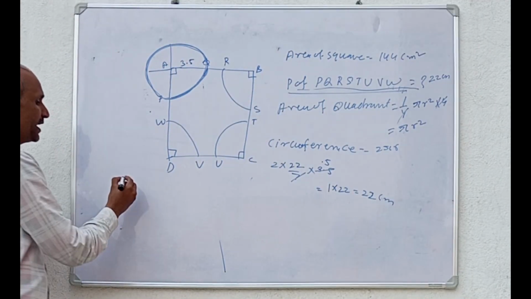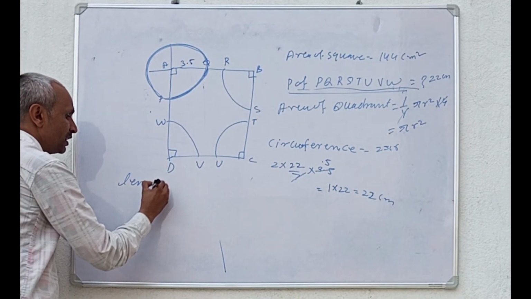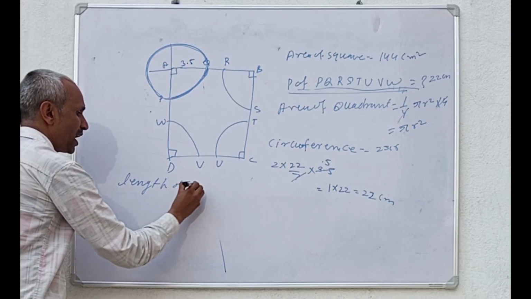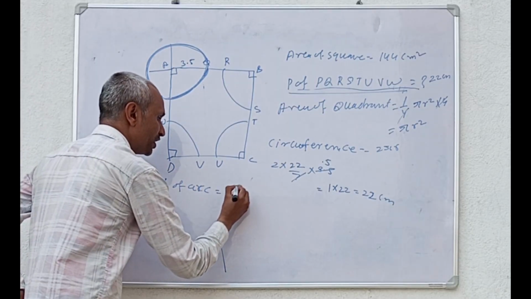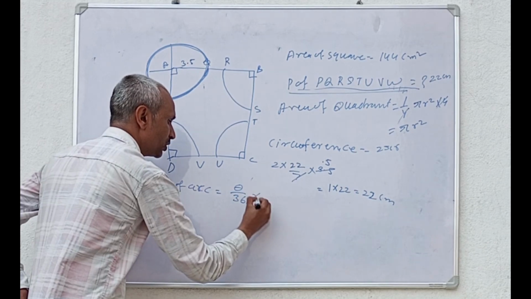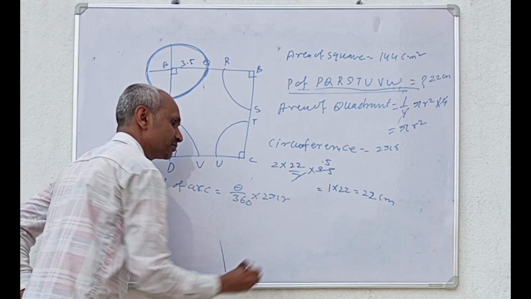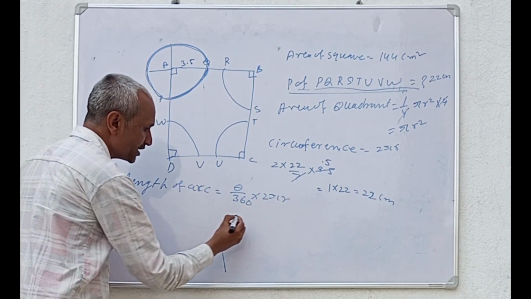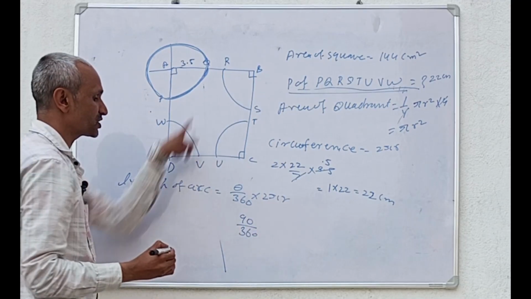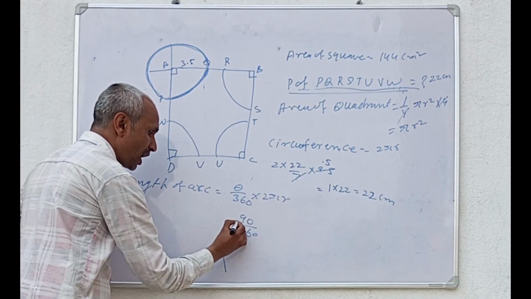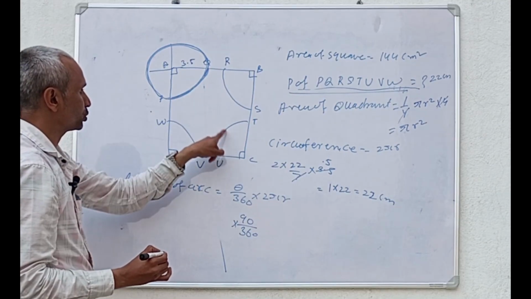Otherwise, you can do it like this. Circumference of a set, length of arc is equal to theta by 360 into 2 pi r. Now theta is equal to 90 degrees by 360 degrees because it is a quadrant, and in total, arcs 1, 2, 3, 4 are there.